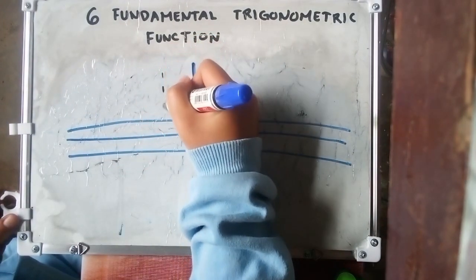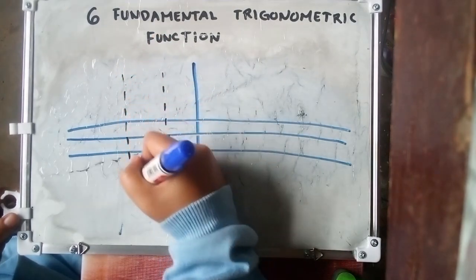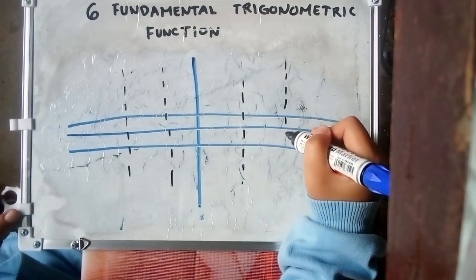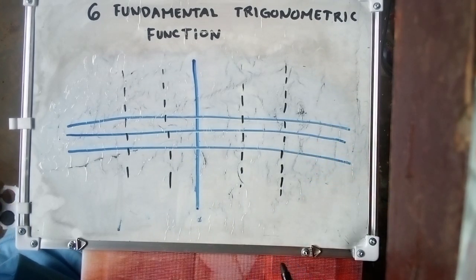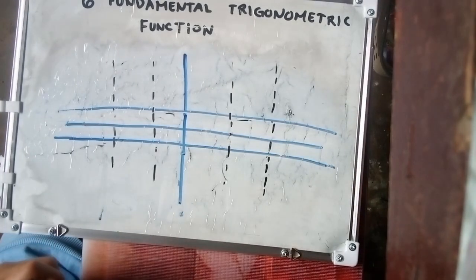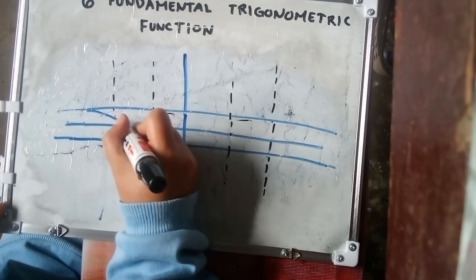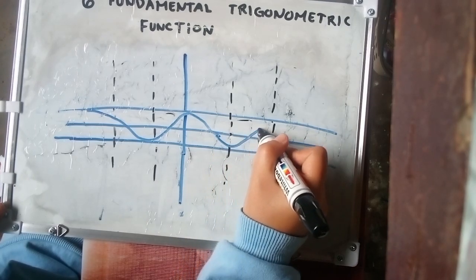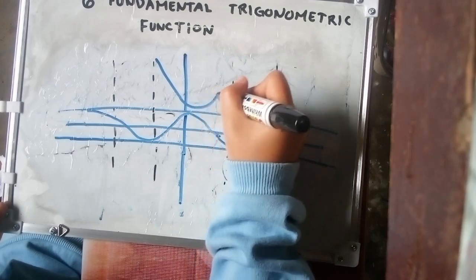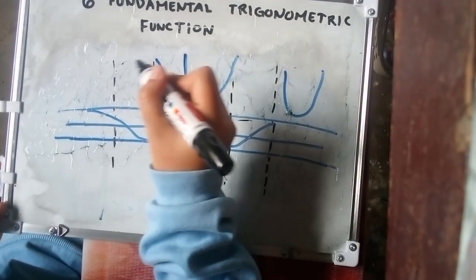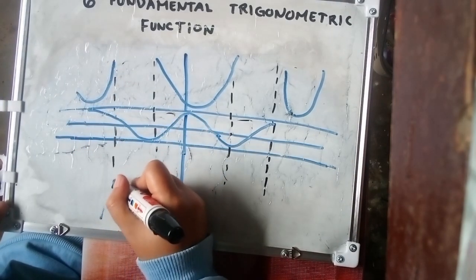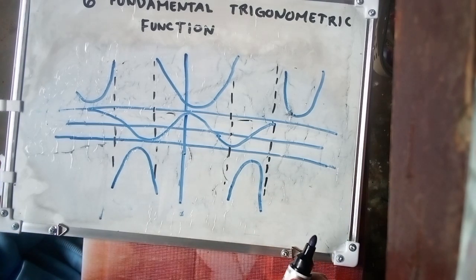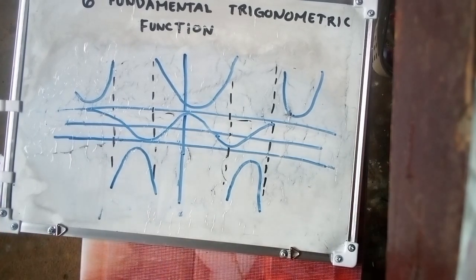And this imaginary line. So this is an example of the graphing of the secant function.